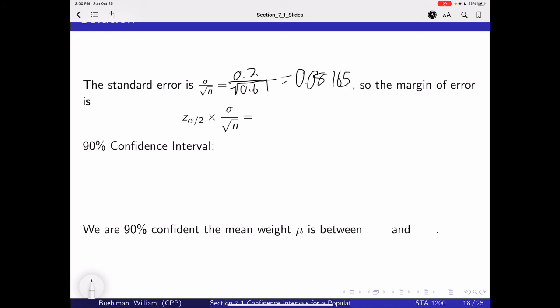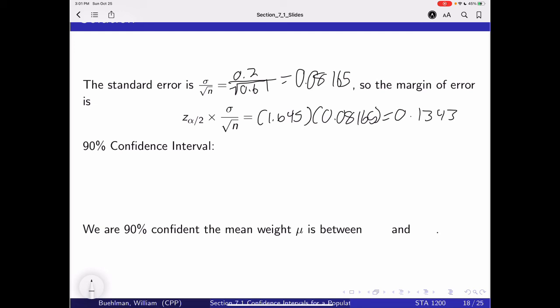So the margin of error now is, remember, the critical value times our standard error, so we have 1.645 times our standard error, which is 0.08165, which gives us 0.1343. So that is our margin of error.